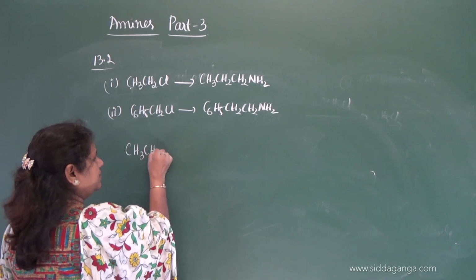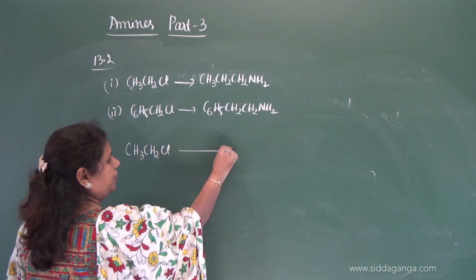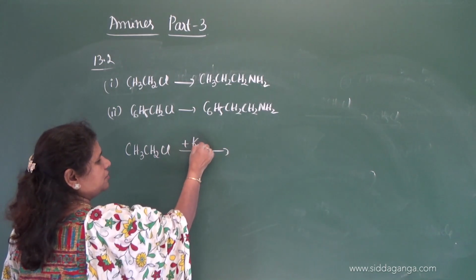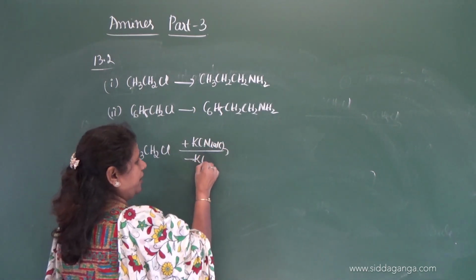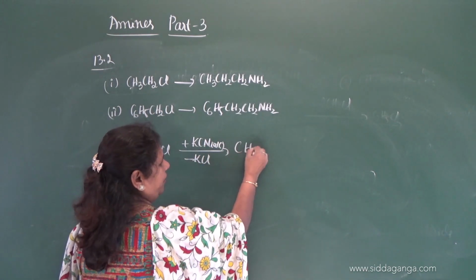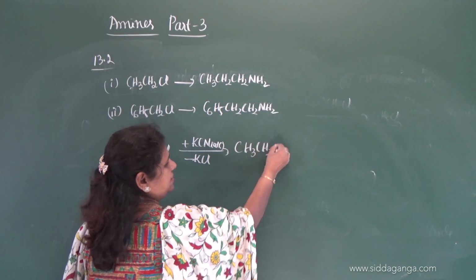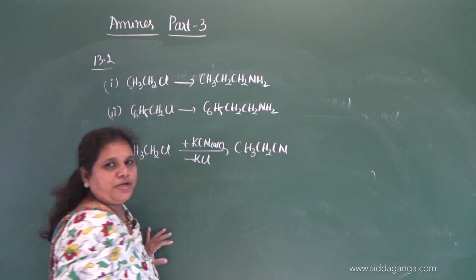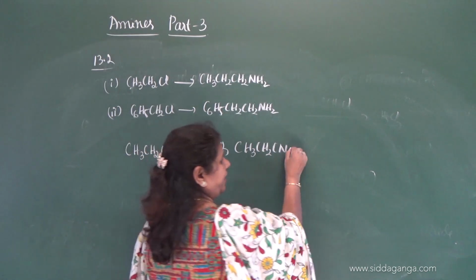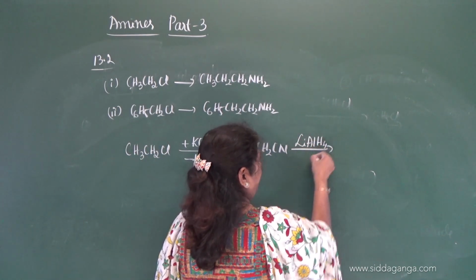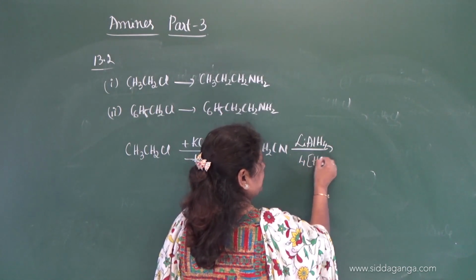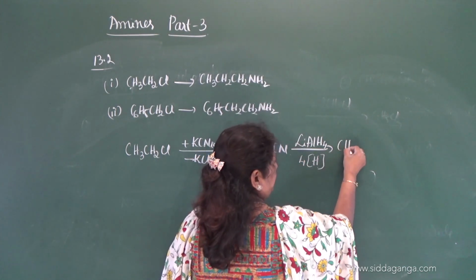CH3CH2Cl undergoes nucleophilic substitution reaction with alcoholic potassium cyanide with the elimination of KCl. What you get? CH3CH2CN, the respective cyanide. When the cyanide undergoes reduction in presence of lithium aluminium hydride with the 4 nascent hydrogen, what you get?